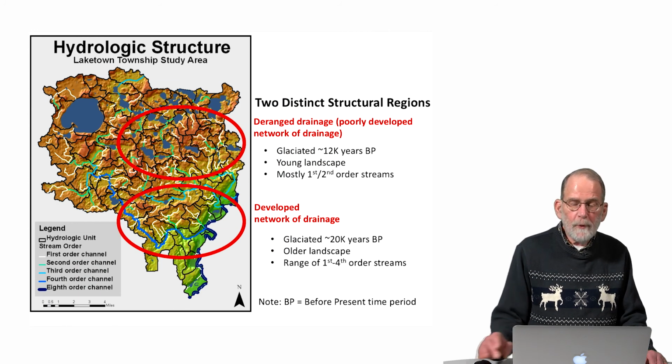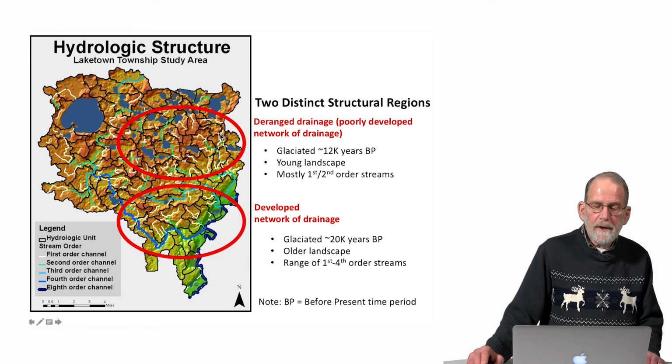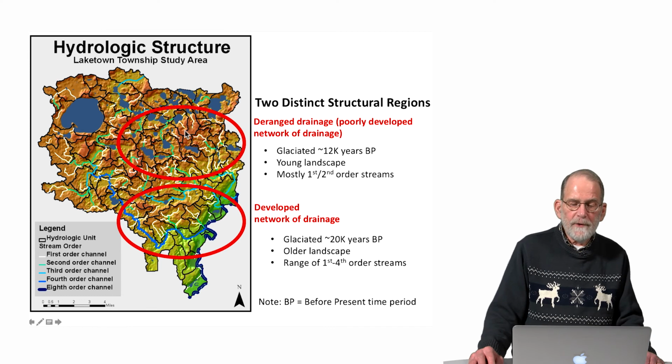Within that landscape, we have two distinct hydrologic structural regions. In the upper portion, you can see that there are lots and lots of first order and second order stream channels, but no third order channels and no fourth order channels.